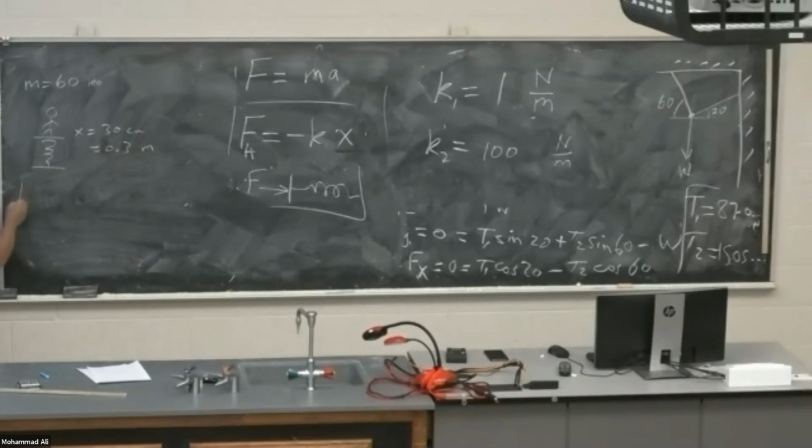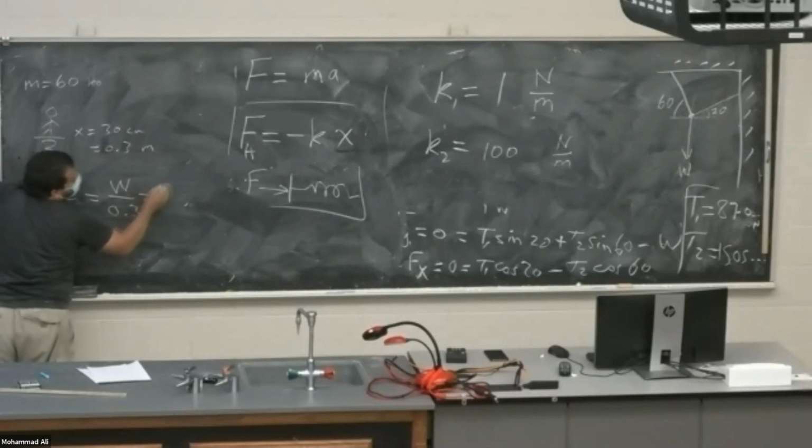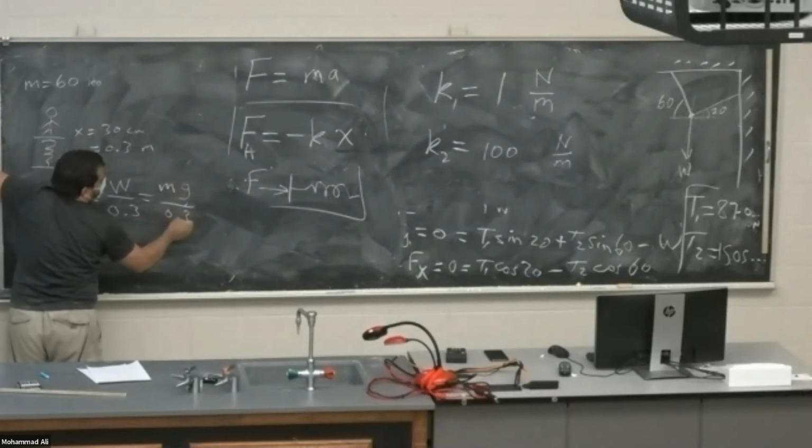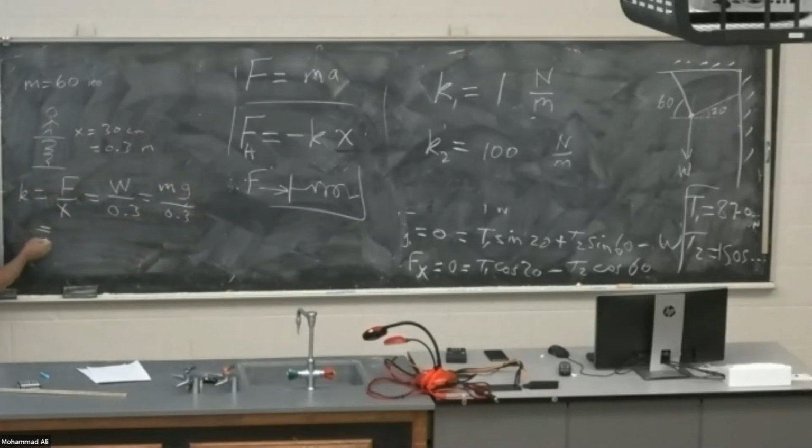Find k. k is equal to F over x. F is the weight, mg, with m being 60, over x, 0.3. This will be equal to 1,961 point something newtons per meter.